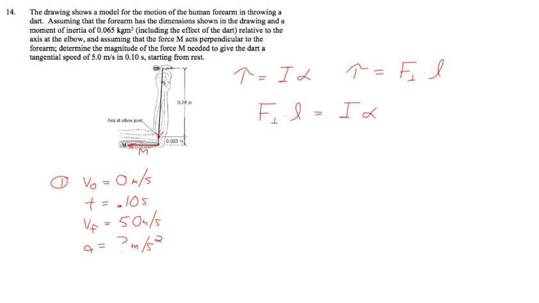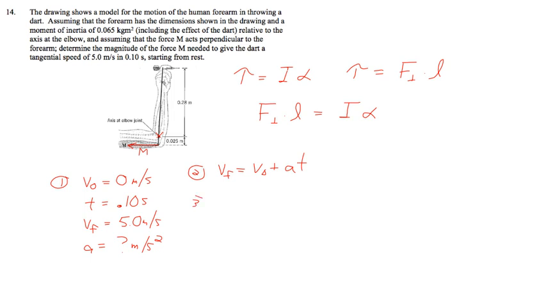So it's like I'm doing a straight line motion problem here. When I'm solving for tangential speed, I am using V's, S's, A's, and T's. I'm not using alphas and thetas and omegas. So my step 2 is to pick the correct equation, which would be VF equals VO plus AT.